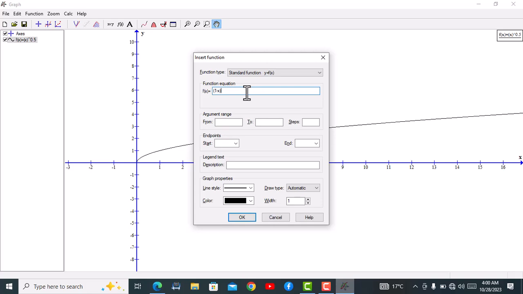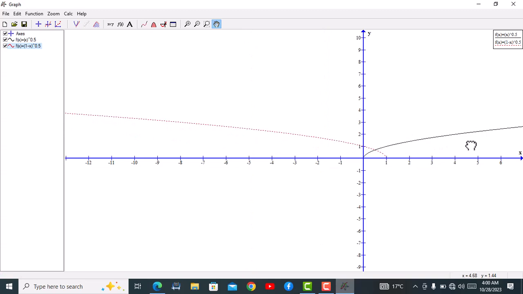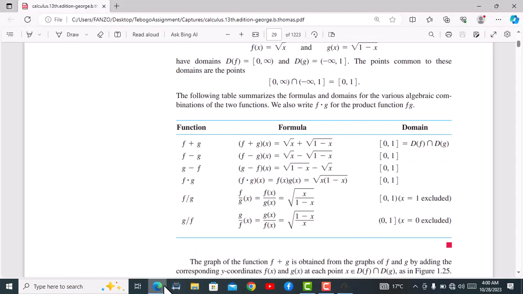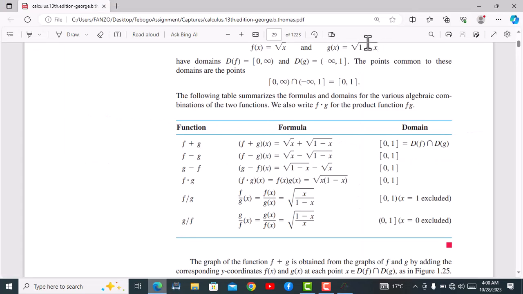I'm going to say 1 minus x raised to the exponent of 0.5, and I'll use red for the color, and we have this function. Let me just check whether this is correct. 1 minus x, yes, there it is.